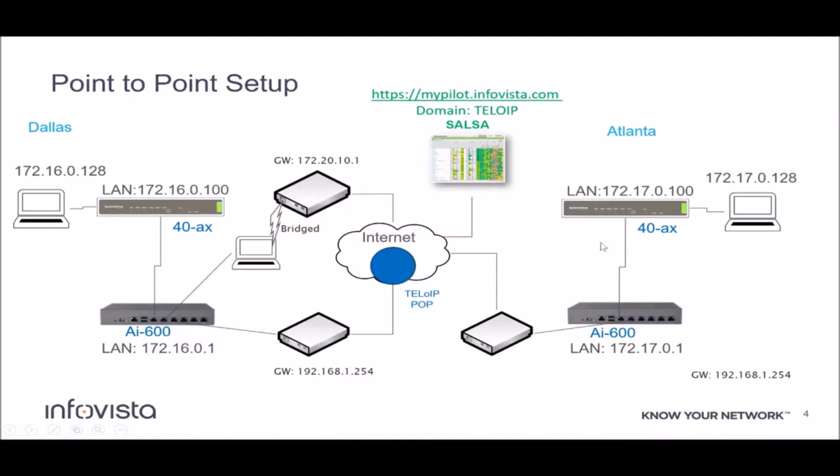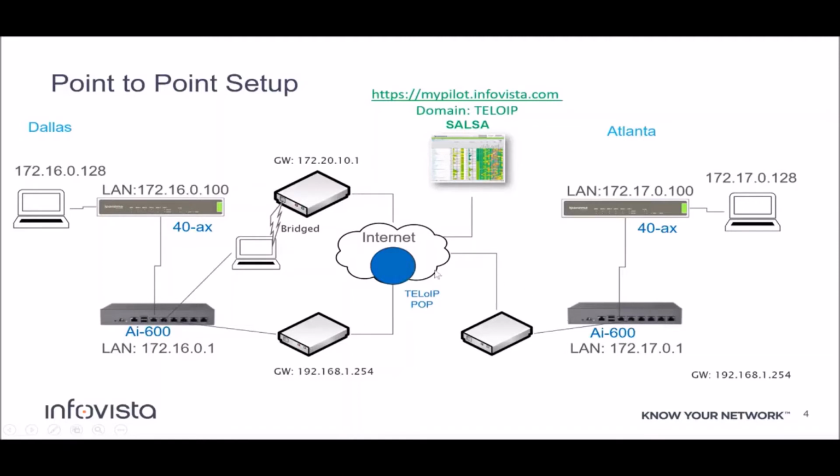They are chained physically and connected to the internet via an ADSL modem. On the Dallas side, we have also a PC, the same configuration for the Infovista and the TELOIP box, but this time we have two links, to test failover and bandwidth aggregation.